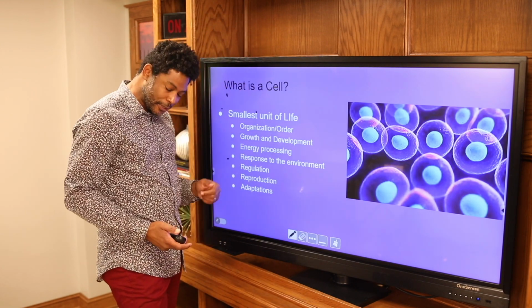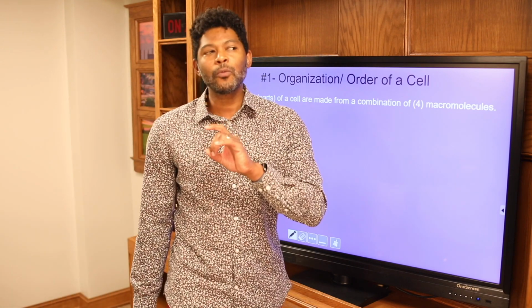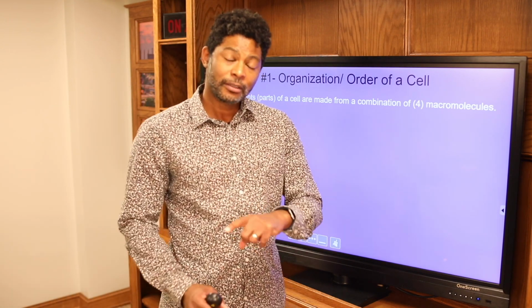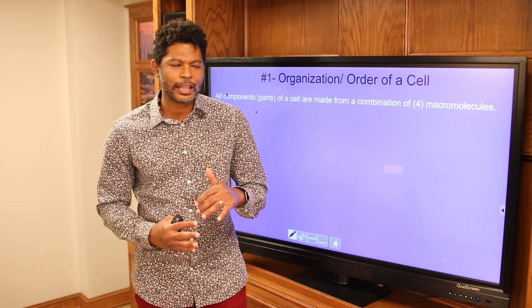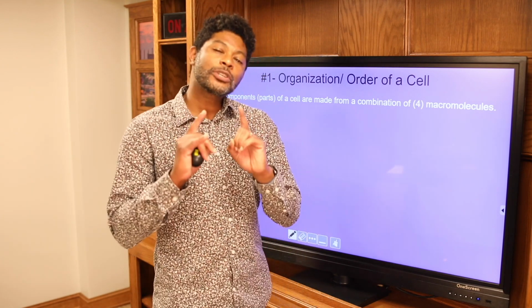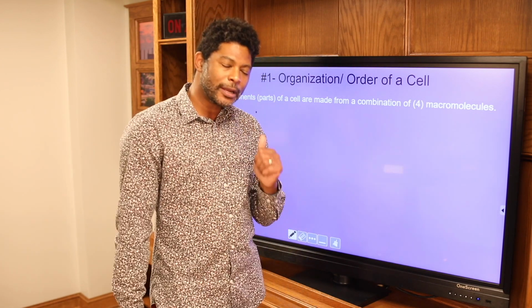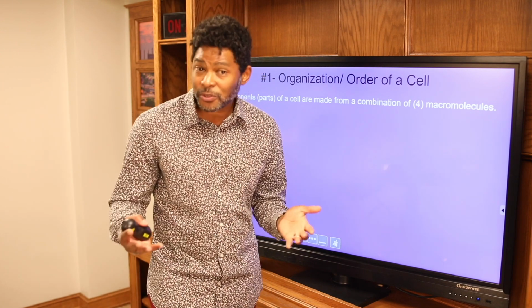All right, so let's start with the first one, organization. When we talked about organization previously, I said to think of organization as being like rules to the game, or like how things happen. When we're talking about cells, organization really goes to what atoms make up cells, since cells are matter.